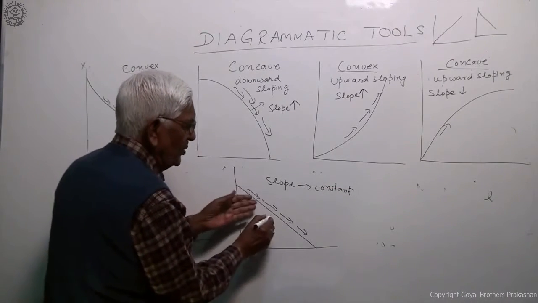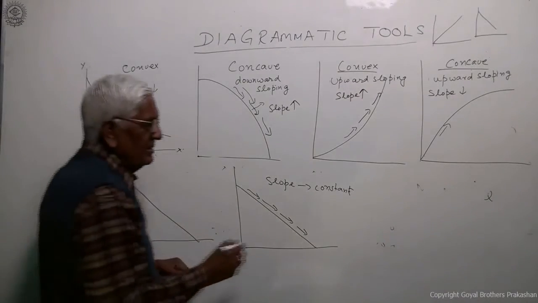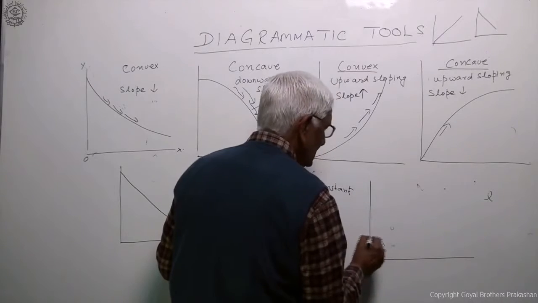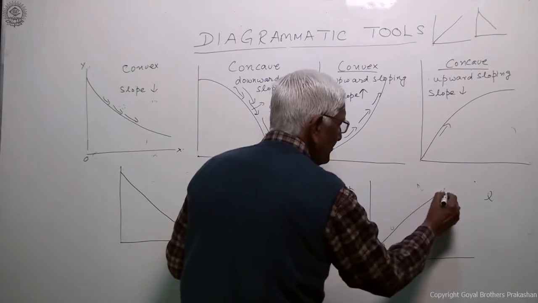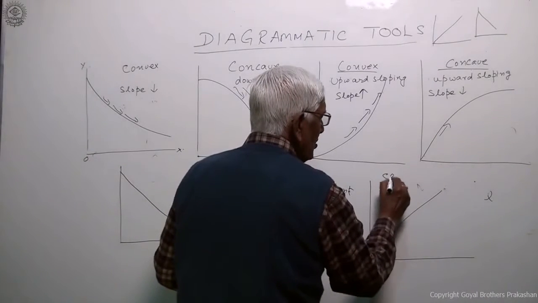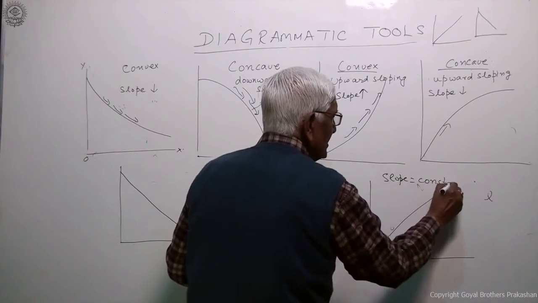Whether you take at this point or this point or this point, slope is constant. Same is true if it is an upward sloping straight line, slope is once again constant.